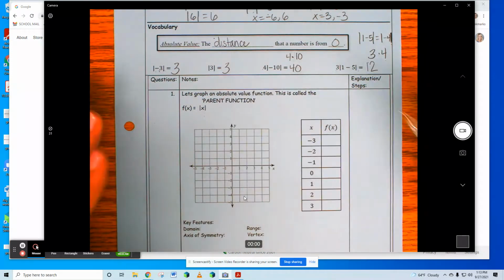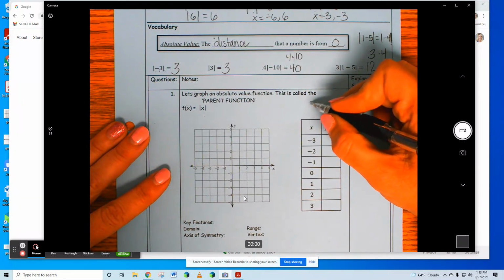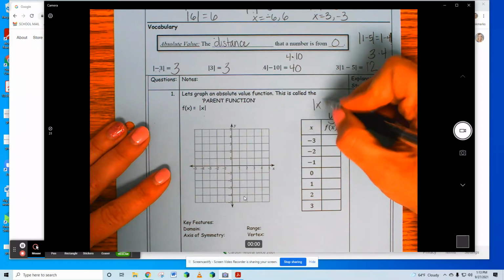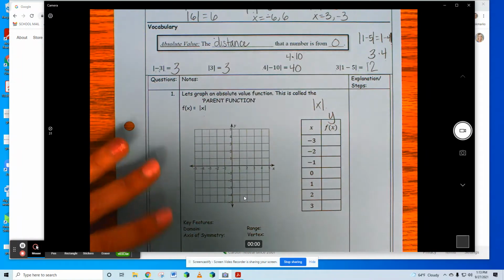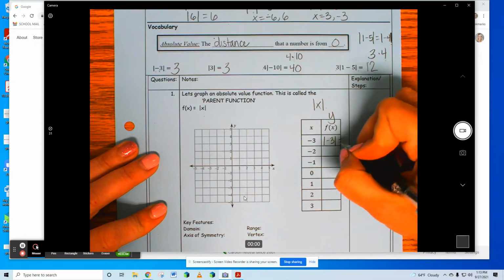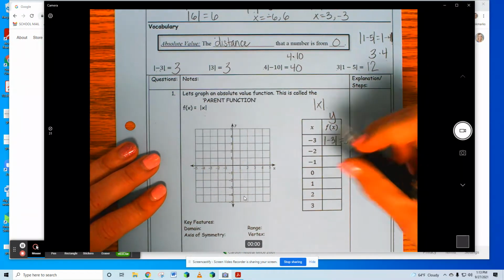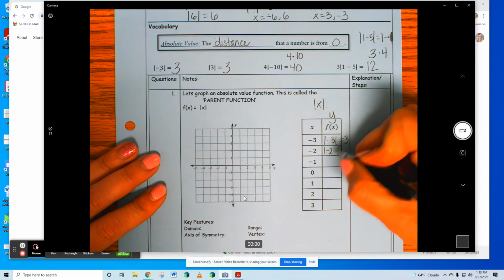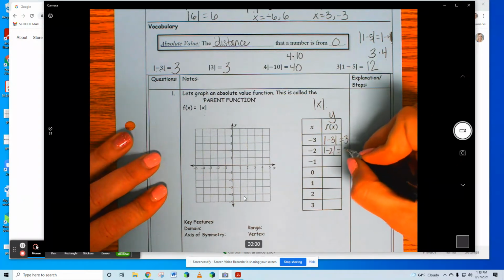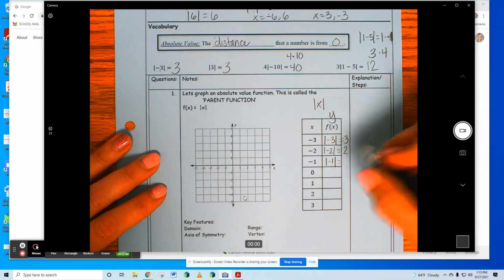So let's practice it. F of x is the same as y, and my equation is absolute value of x. So we're plugging in values. The absolute value of -3, what's that? 3. Keep going down the row. The absolute value of -2, what's that? 2. The absolute value of -1, what's that? 1.